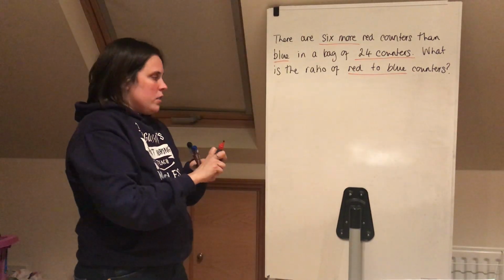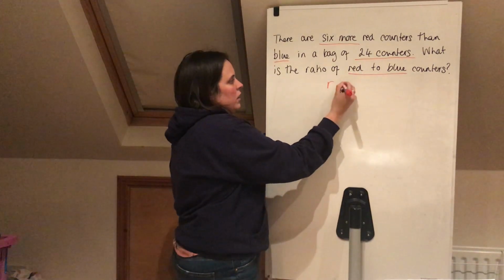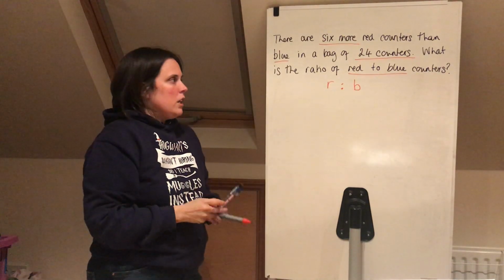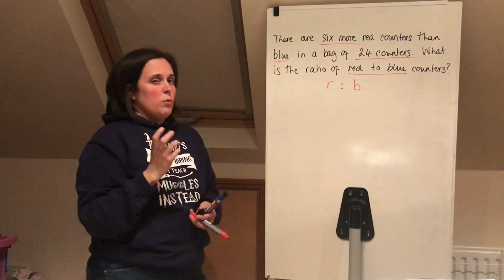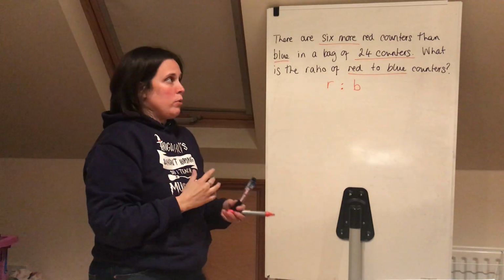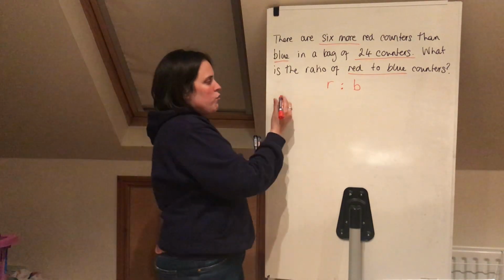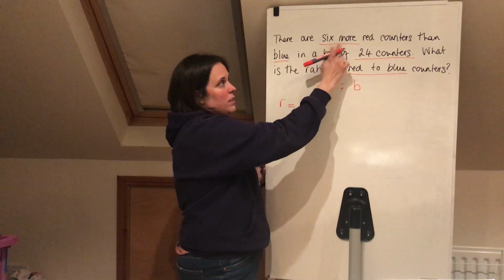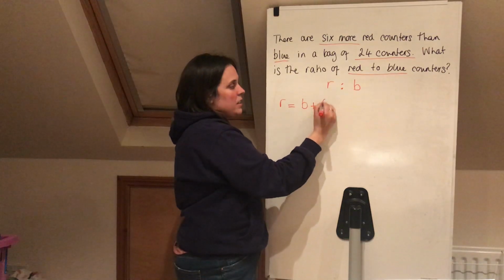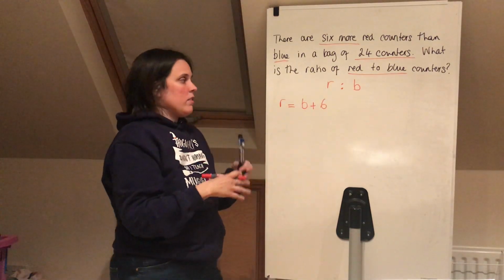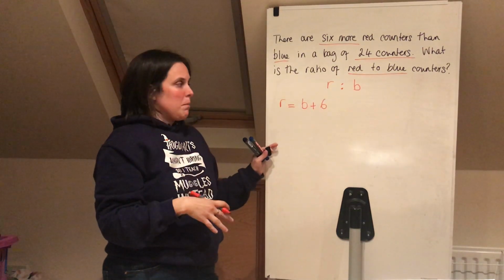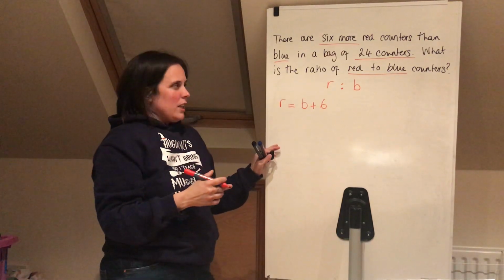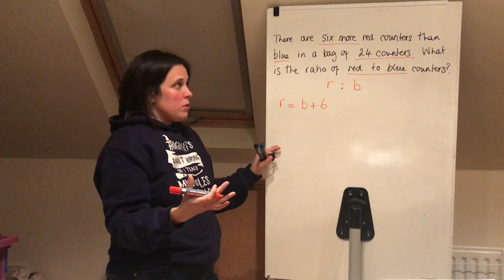So our answer has got to be red to blue. What I would do straight away is write down the relationship between red and blue. The red counters is equal to the blue counters plus 6. We don't even need to bring the ratio into it here.